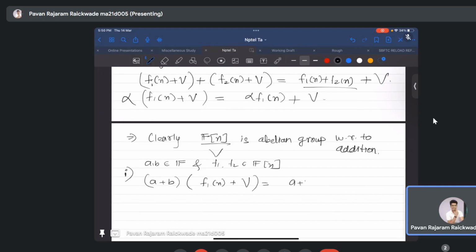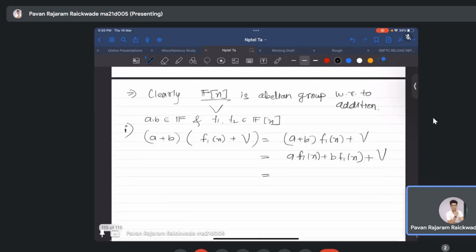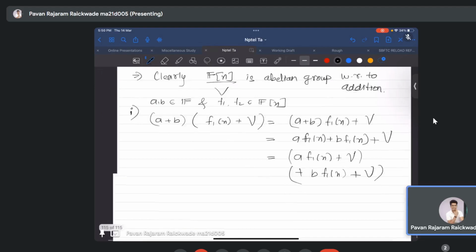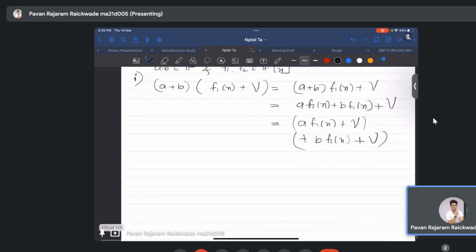By definition, this is (a + b) f1(x) + V. But you know, in F[x], this is just a f1(x) + b f1(x) + V, and by the definition, this is (a f1(x) + V) + (b f1(x) + V). So you can multiply in between. This is one property.